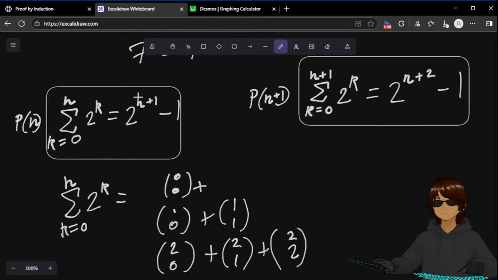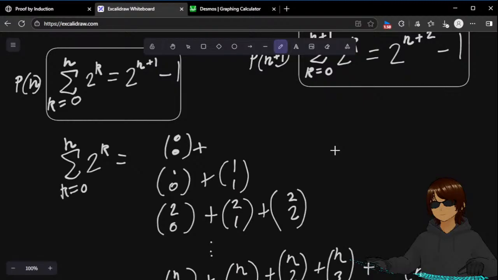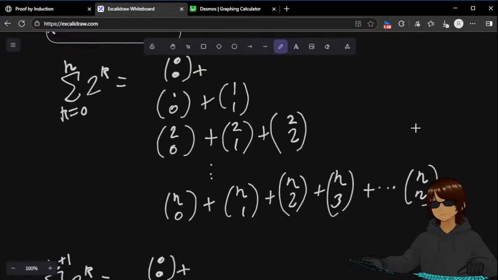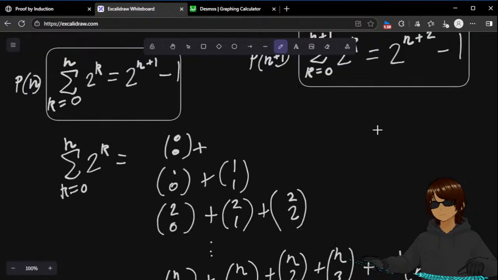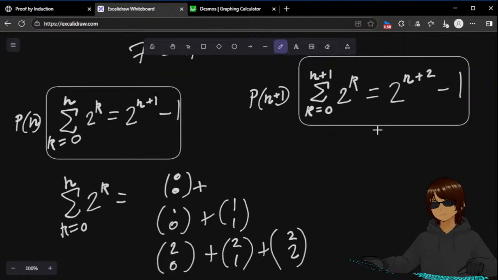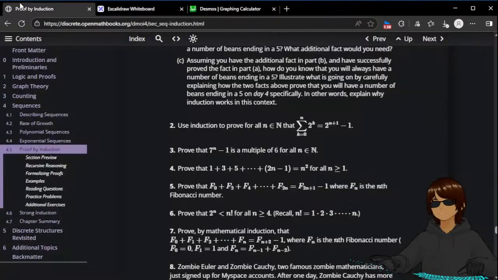This is they're saying this is 2 to the power of n plus 1 minus 2 to the power of n plus 1 minus 1. I want to see the answer. Use induction to prove this.